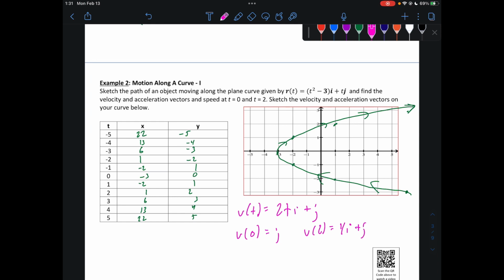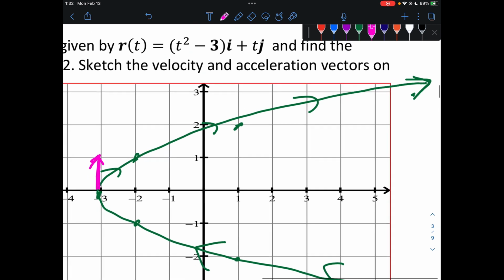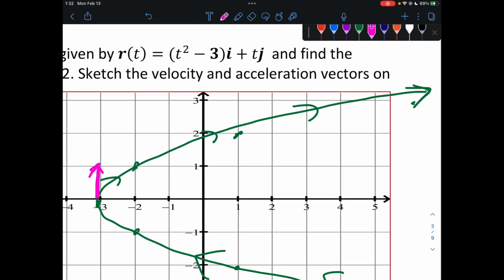So if I sketch those in there, the velocity when t equals 0 would be just j, so that would look like this. The velocity at t equals 2, when the point is at (1, 2), is 4i plus j. So technically that point's supposed to be right here. 4i plus j would put it here, so that vector should look like that.